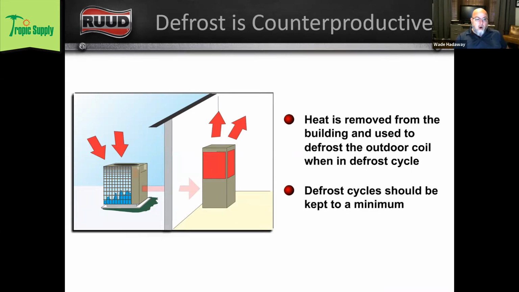We've been working really hard to remove heat from outdoors and reject it inside. And now we switch into defrost, and we're taking that same heat that we've been working so hard to put in the house. Now we're removing it to melt the ice on the outdoor coil. So defrost cycles need to be kept to a minimum. We need to only go into defrost when we actually need to defrost the coil.